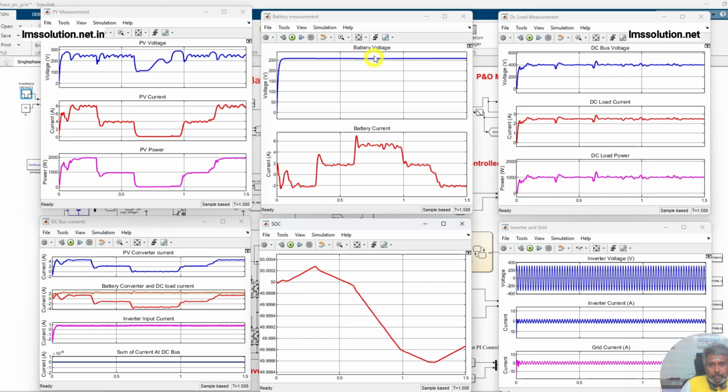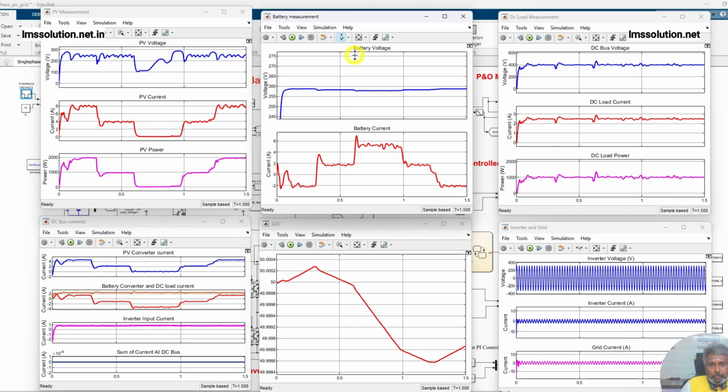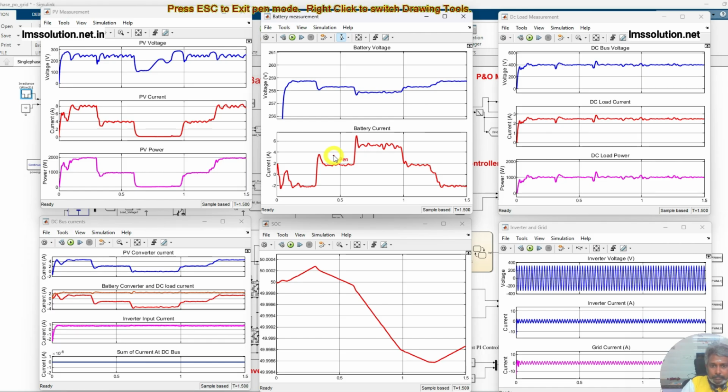Now comes the battery. I'm going to zoom in on this battery voltage. During charging, the voltage is increasing, and during discharging, the voltage will be decreasing. You can see here that the voltage keeps on decreasing because the battery is going into discharging mode.